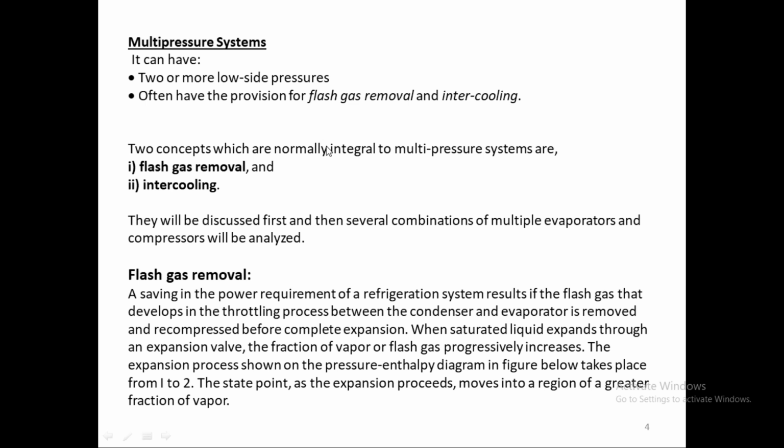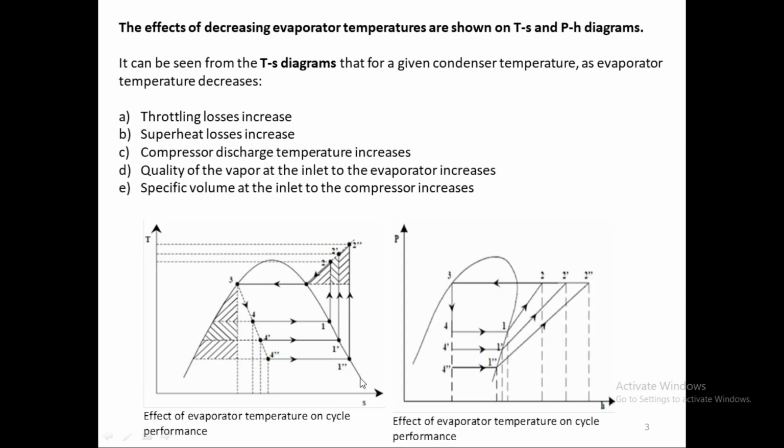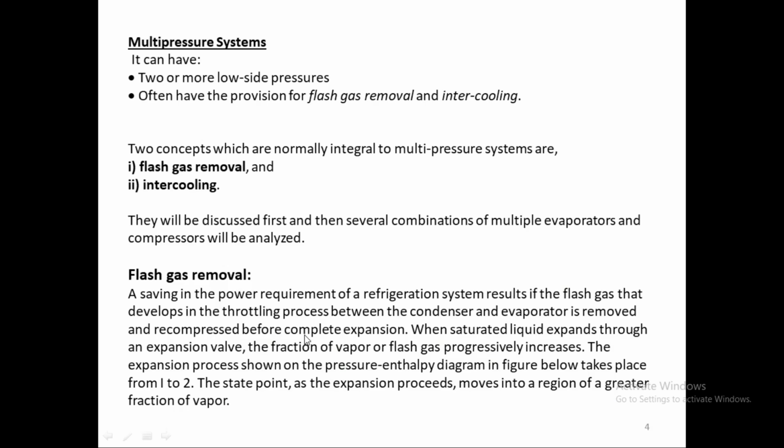As you can see, we will need not just 1 evaporator pressure, we might need 2 evaporator pressures, 1 low pressure evaporator, 1 high pressure evaporator, or 1 low temperature, 1 high temperature evaporator. And often it will have provision for flash gas removal and intercooling.